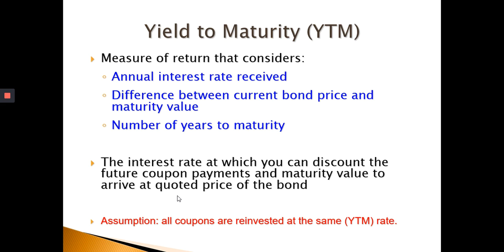Yield to maturity is the I. That's the market interest rate. So we can calculate the yield to maturity, in other words, what is your overall return if a bondholder keeps the bond until it matures.